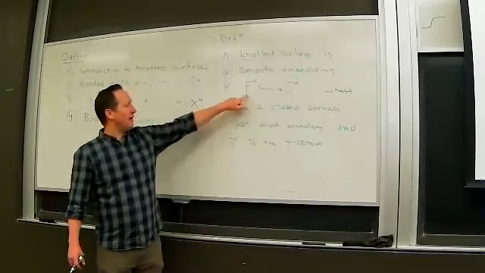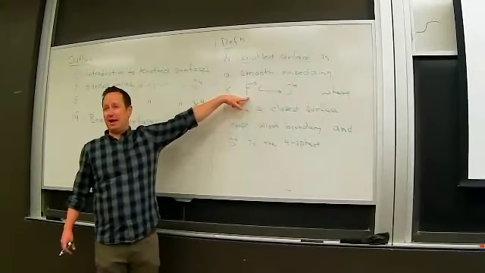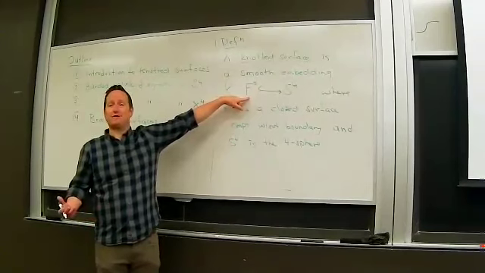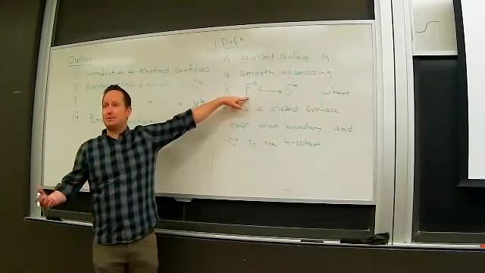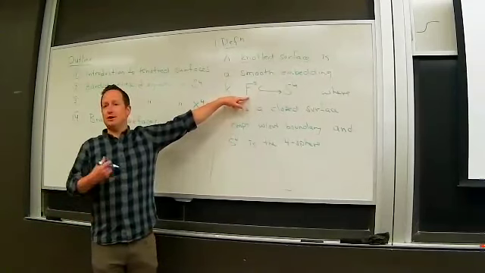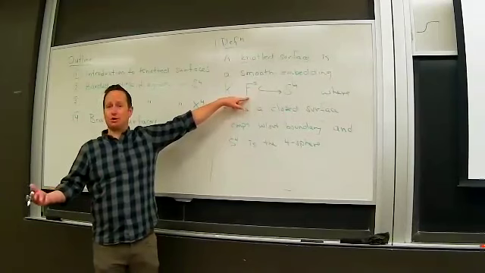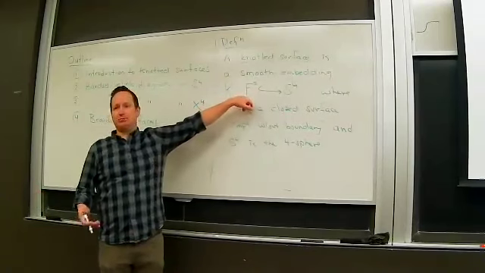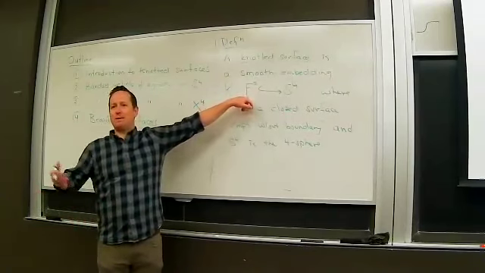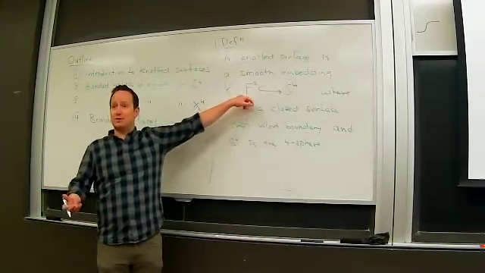Oftentimes people like to restrict the case where F. In general, F could be non-orientable, it could have positive genus, it could be really any closed surface. Lots of times people really care about the case where F is the two sphere.